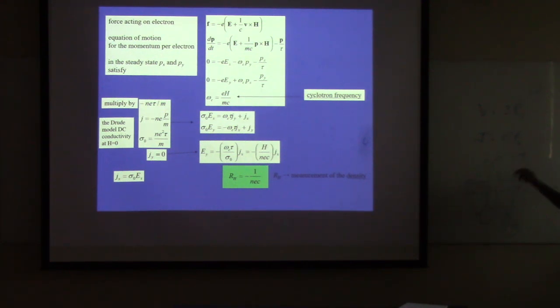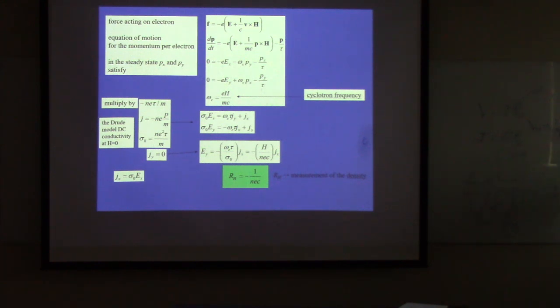Y. That means by measuring Hall voltage, you are measuring rho xy. Rho xx means you are passing current in the x direction and measuring the voltage also in the same x direction. Rho xy means you are passing current in the x direction but measuring the voltage in the y direction.